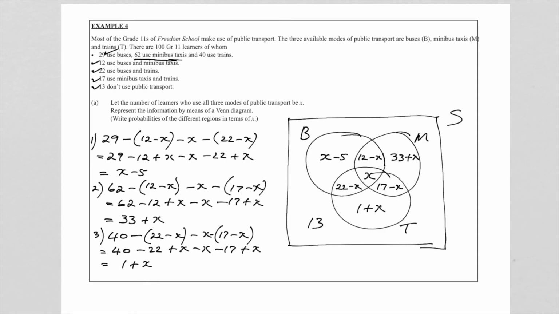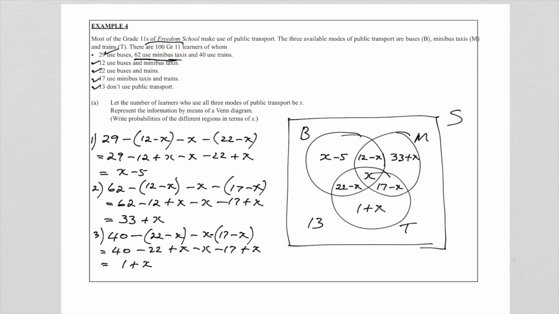We are going to take this one plus that, plus 22 minus x, plus this one, plus this, plus the 13. Remember not to leave this out. And that must give us a total of 100, because that is our sample space, is 100.